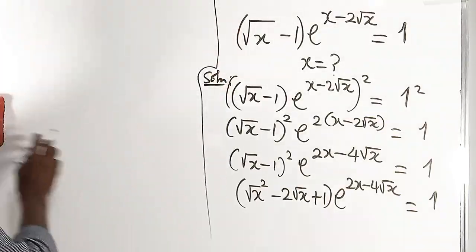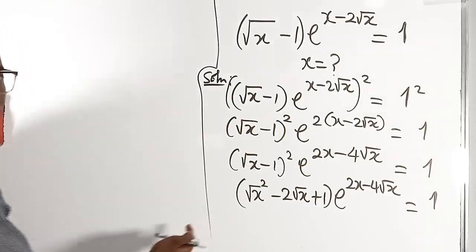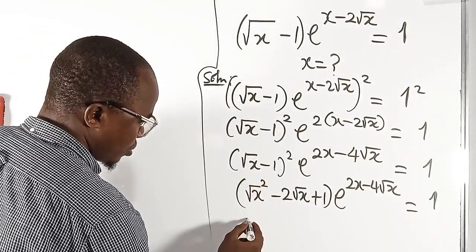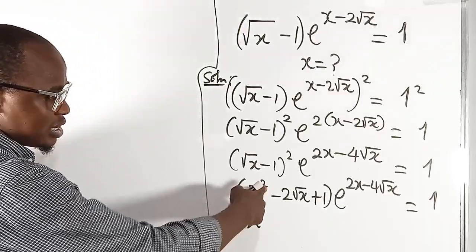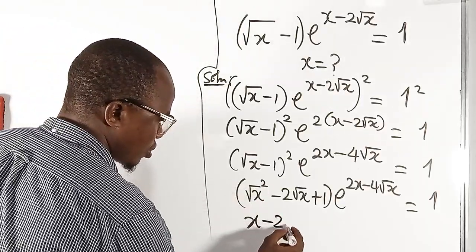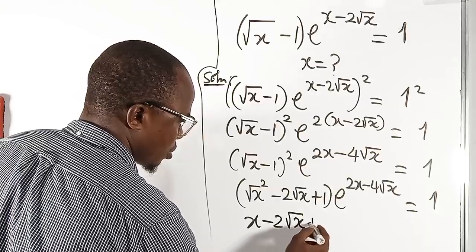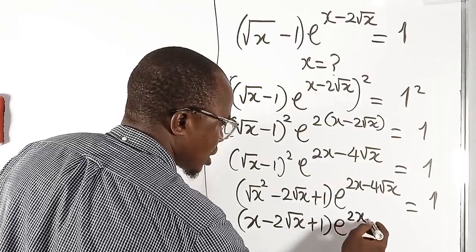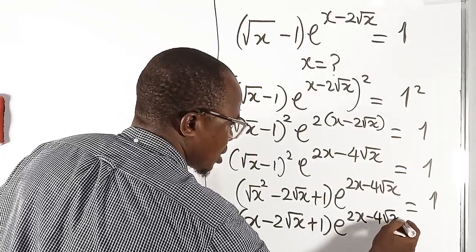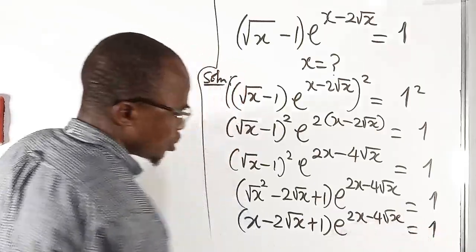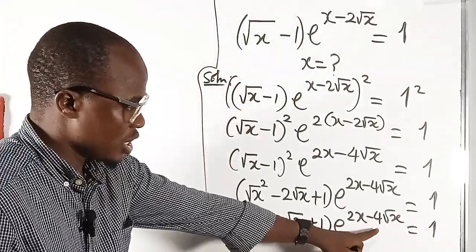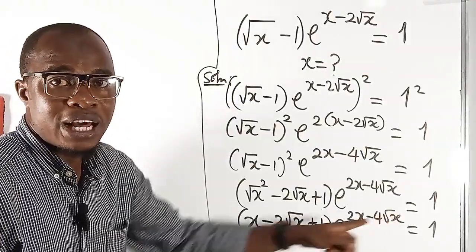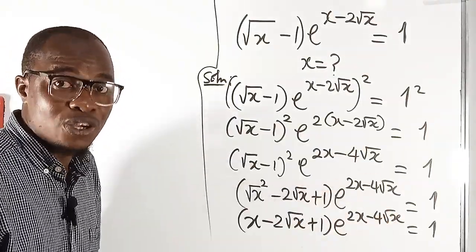So let's see what we are going to do if we want to do that. From here, you already know that this is going to be x, because the square cancels the square root, then we have minus 2 root x plus 1, then e to the power of 2x minus 4 root x equal to 1. The next thing I'm going to do is multiply e to the power of 2 on both sides. It's a constant.